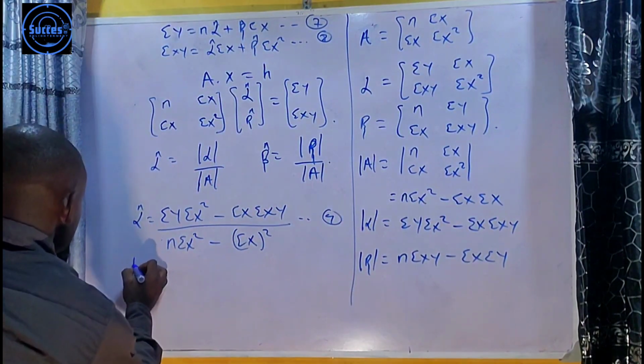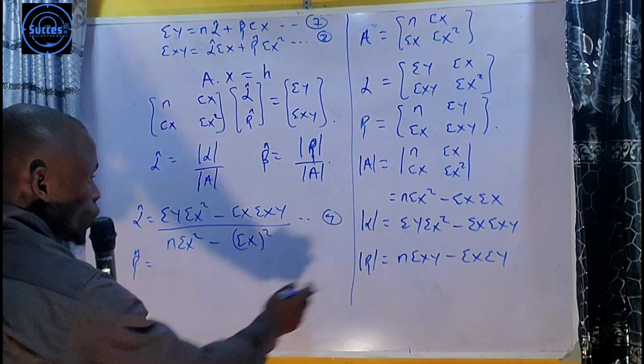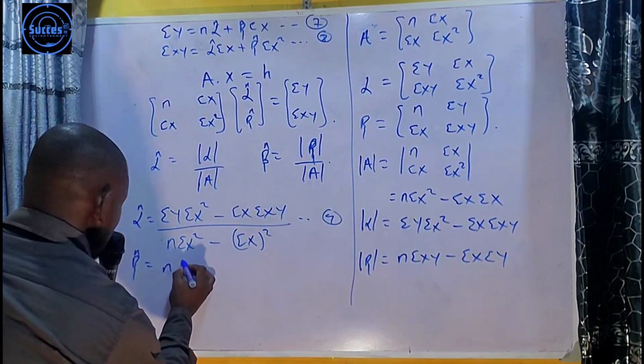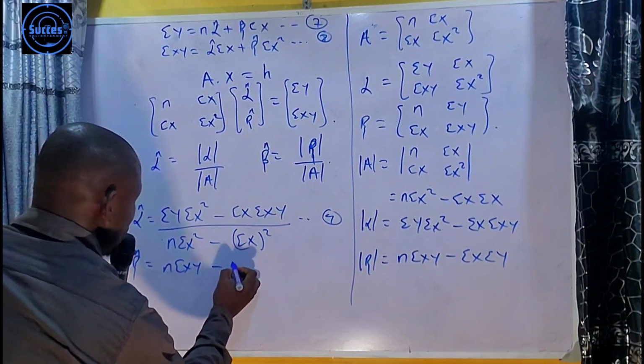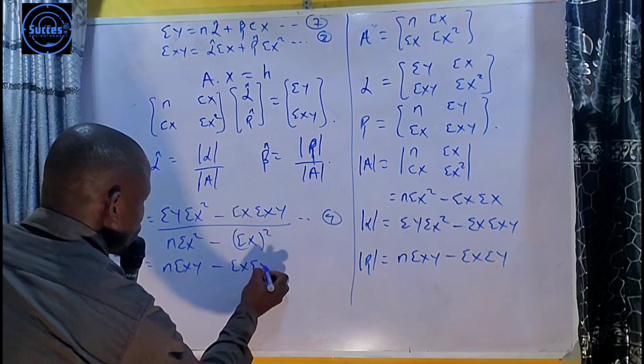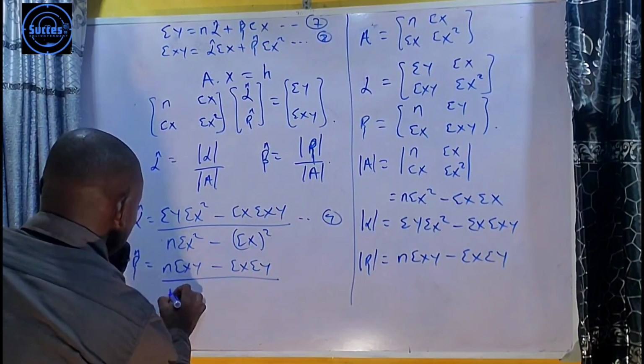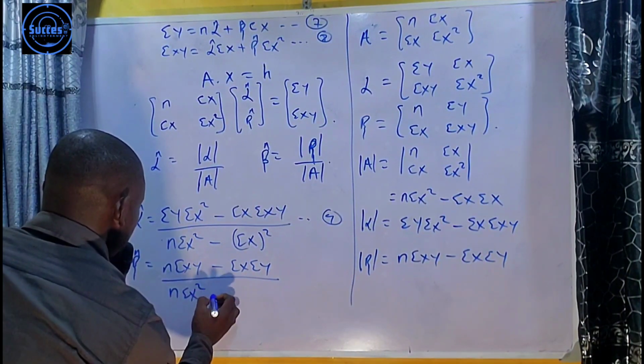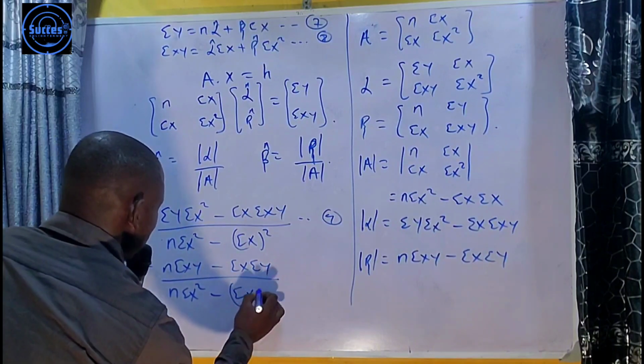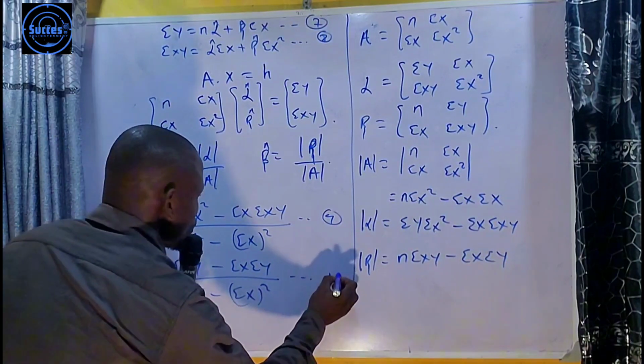Beta cap equals to this, which is n summation xy minus summation x, summation y, all over n summation x square minus summation x all square. I call this equation 10.